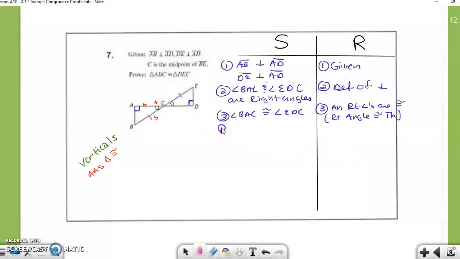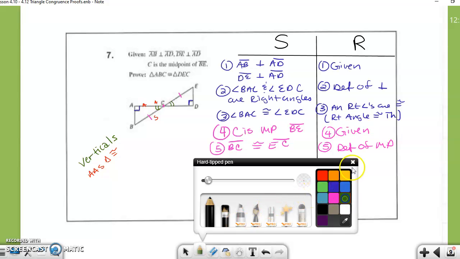Then we're given that C is the midpoint of BE. Well, if they tell me something's the midpoint, I've got to use that midpoint definition. So BC is congruent to EC. And that is by definition of midpoint.